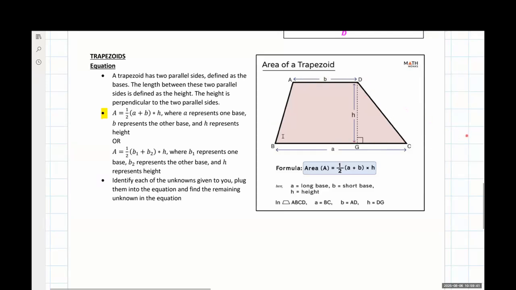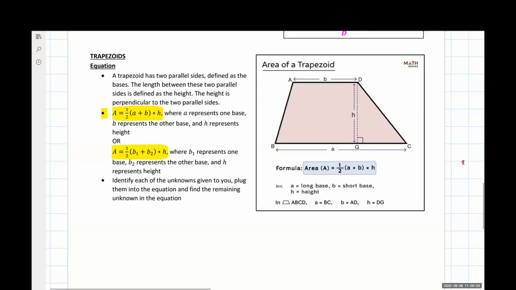The one that I want to speak to is the area equation. I want to note this only because there are several ways that this can be represented in textbooks. They both mean the same thing, just a different way of denoting it. On the homework or on the test, I will not care which one you use. I would just pick one and commit to it.